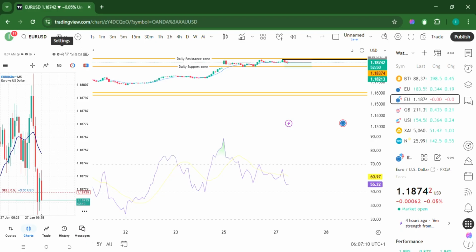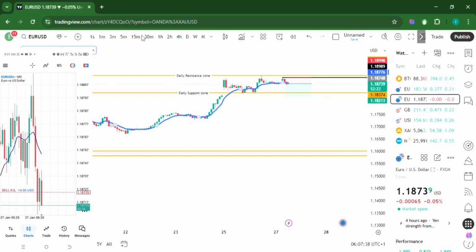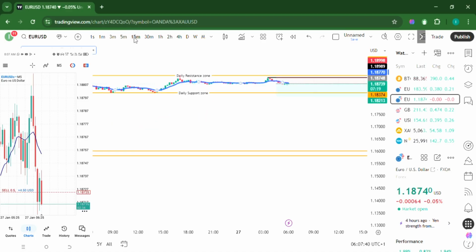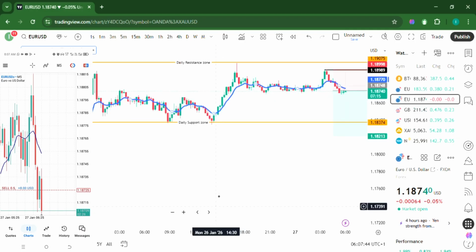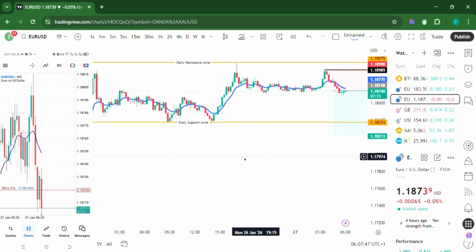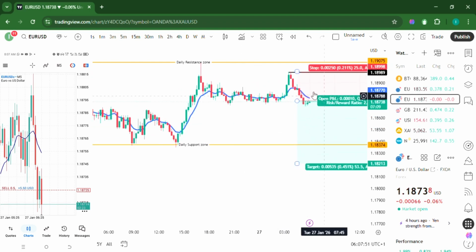Permit me to adjust my line on the EMA. Usually before I use this EMA, I normally allow price to cross the EMA 9 and close below, which is the sign that it gave me before I took the trade around here.